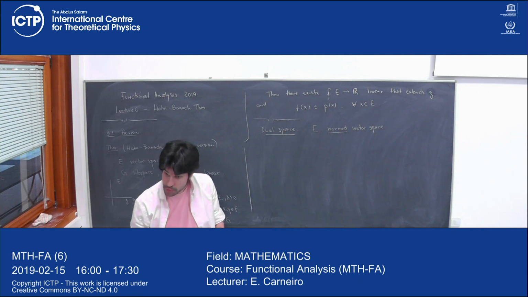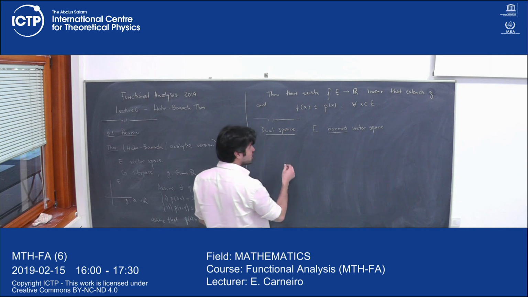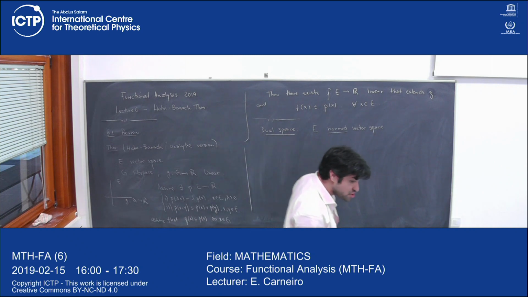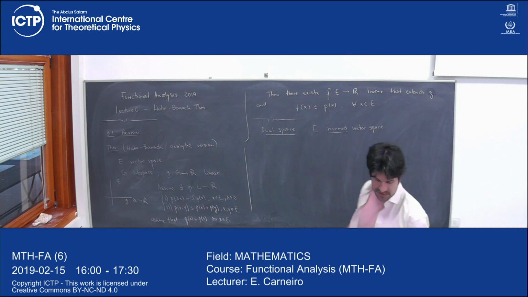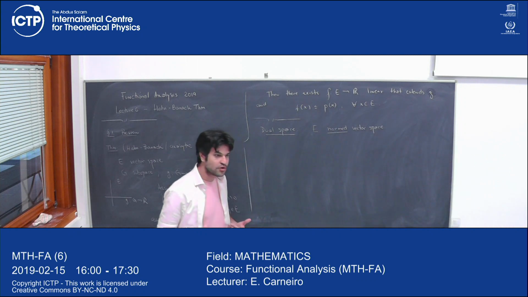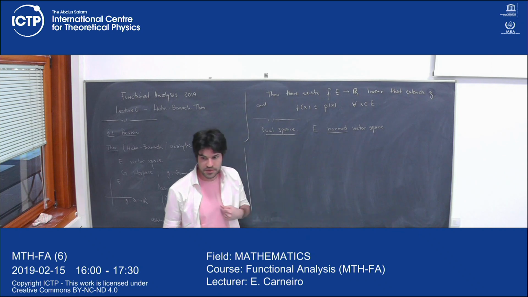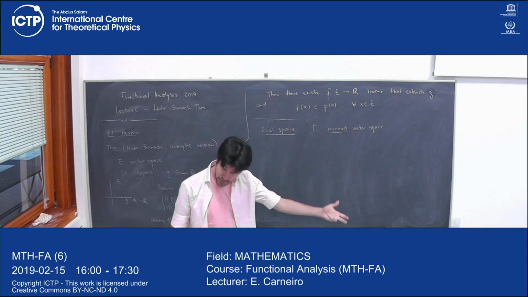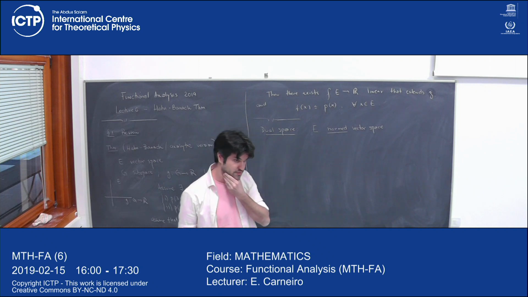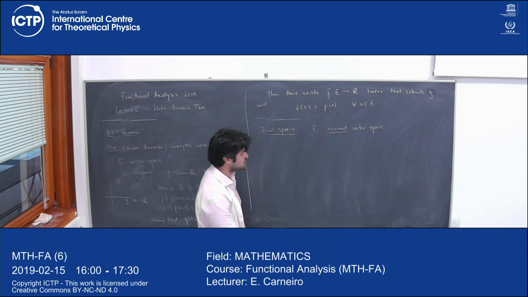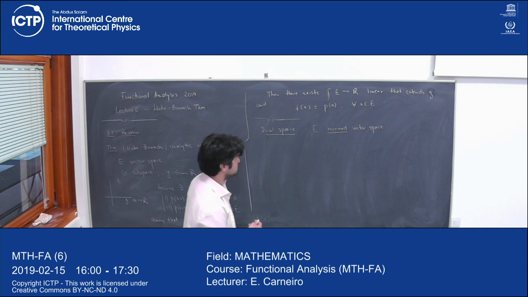Every time that you have a normed vector space, you can talk about continuous functions. And we have seen in the previous lecture that talking about continuous functions is the same thing as talking about continuous at zero, because they're linear, which is the same thing as talking about bounded functions. So continuous is the same as boundedness in this setting.